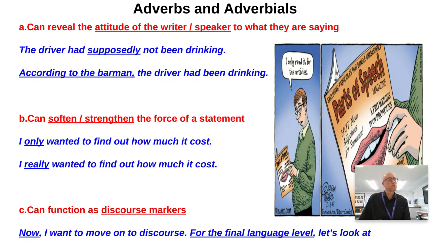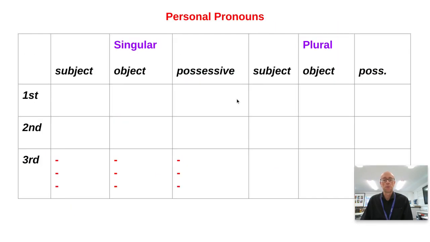That's an adverb of time, and it's signaling a topic change. It could be something like, for the final language level, let's look. The word final there signals to the listener that we're onto a new topic. So they're pretty fundamental to meaning, and you can say a lot about a text simply from looking at the adverbs and adverbials.